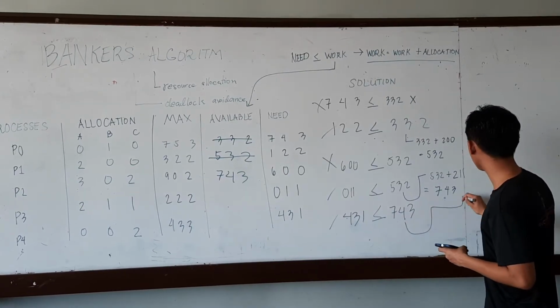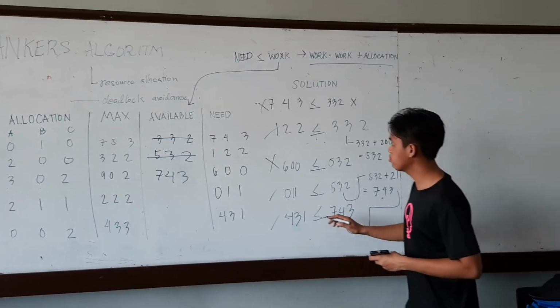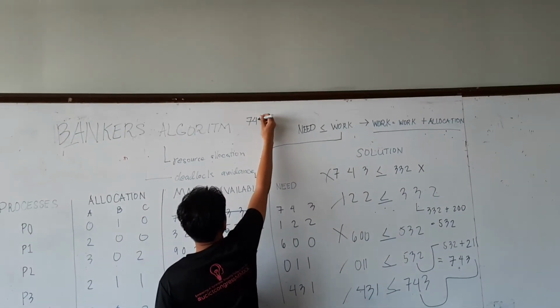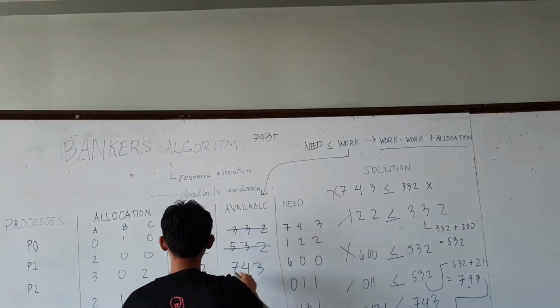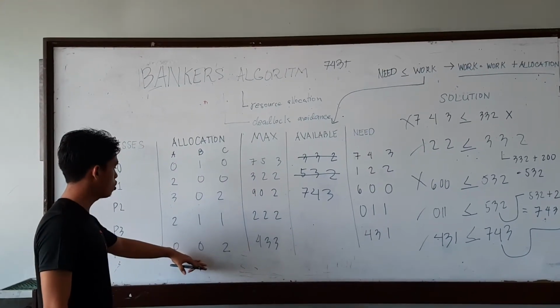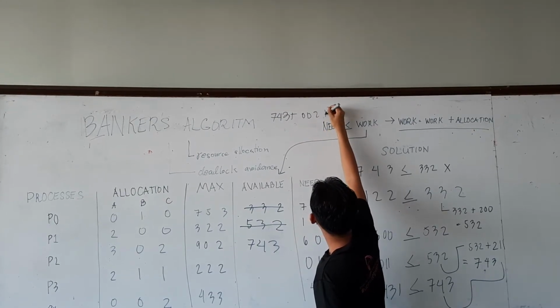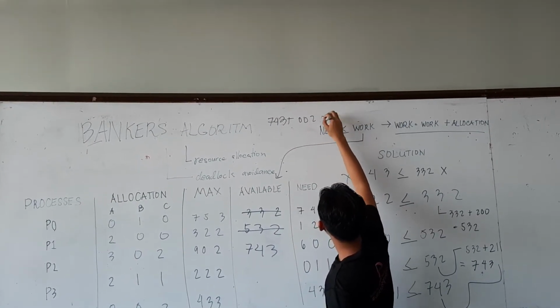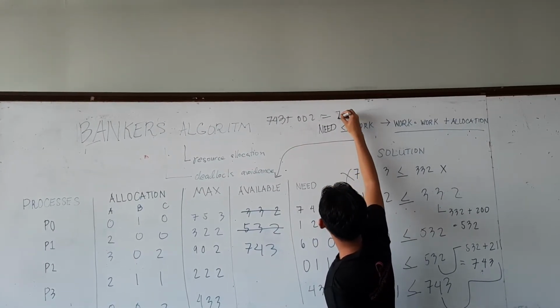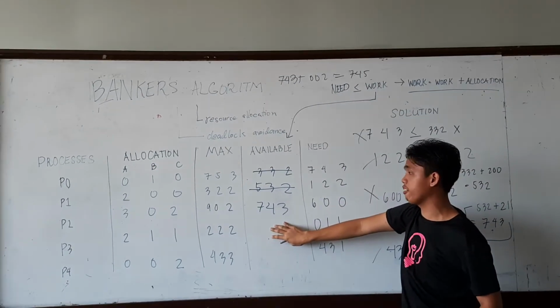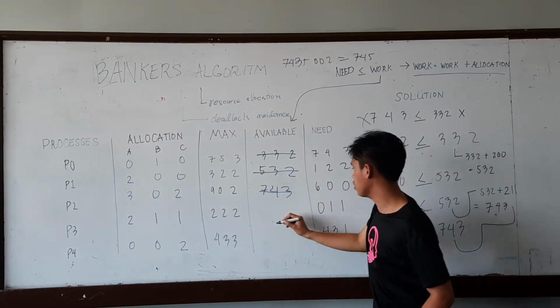We will now proceed to the formula: 743 plus the allocation here, which is 002. So this would be equal to 745, and 745 will now be the new available value instead of 743.